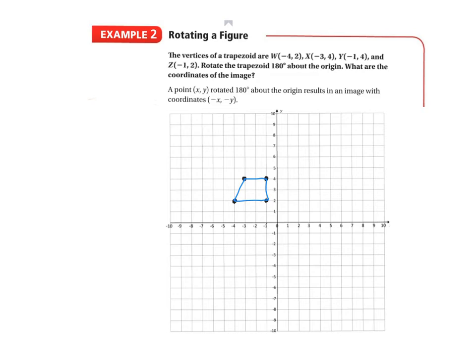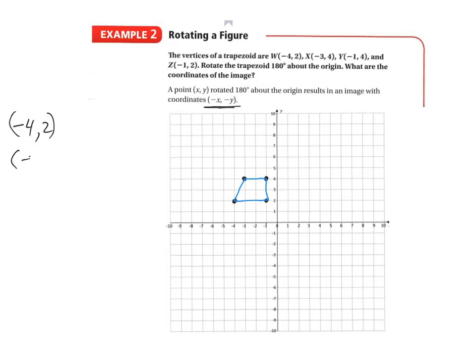All right. So we are going to rotate it 180 degrees. It doesn't matter what direction because 180 degrees is 180 degrees, and they are both -x, -y. So really quick, there's two ways to do this. One is you could look at each point, or I think the easier way is just to write over here -4, 2. Okay, that's my first one.